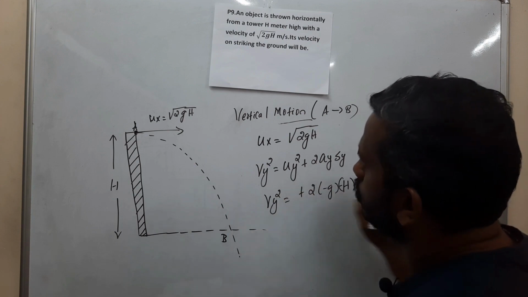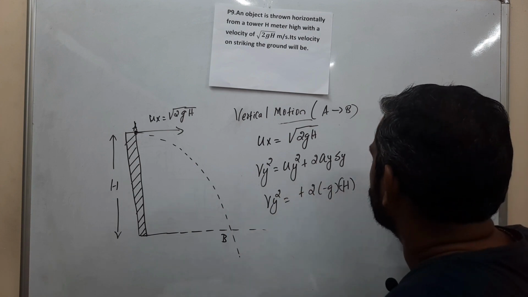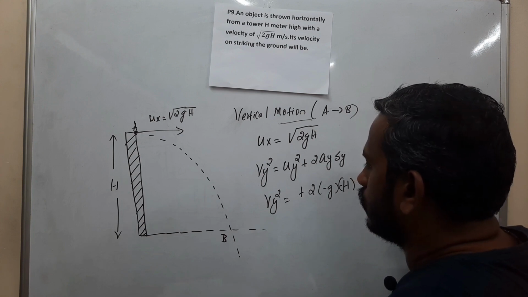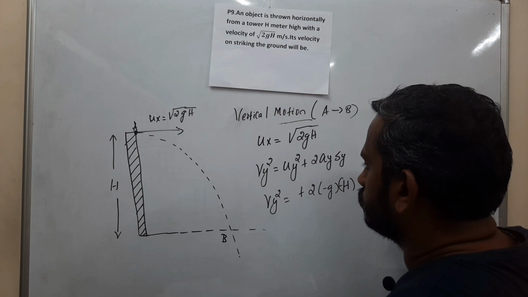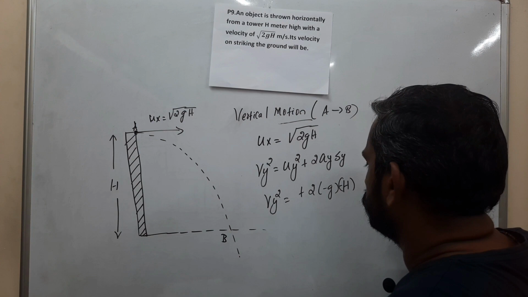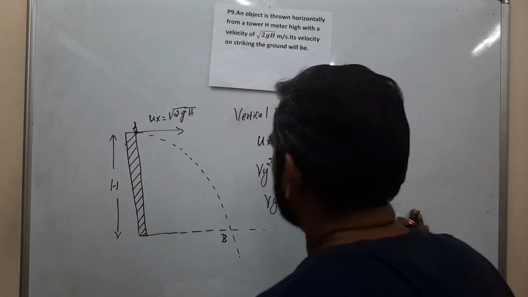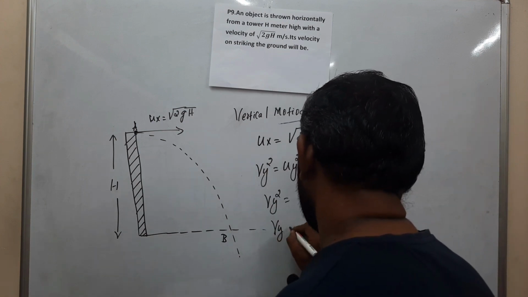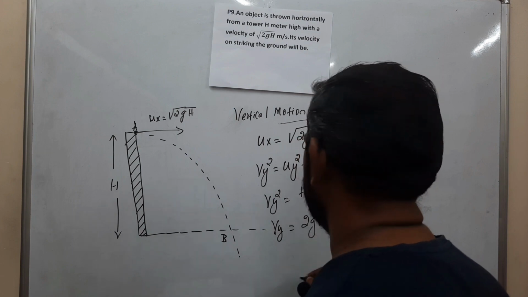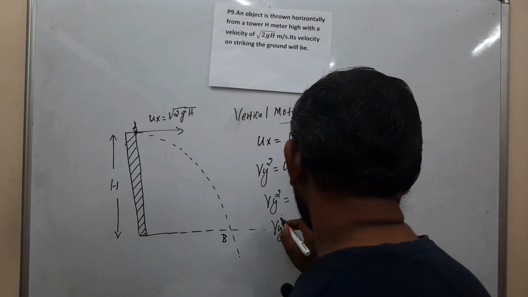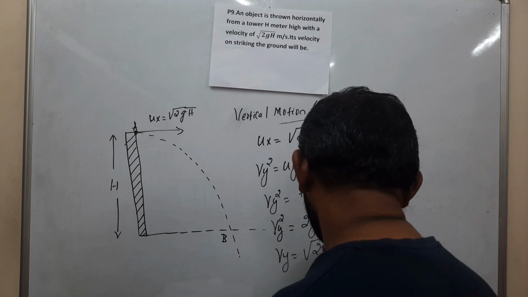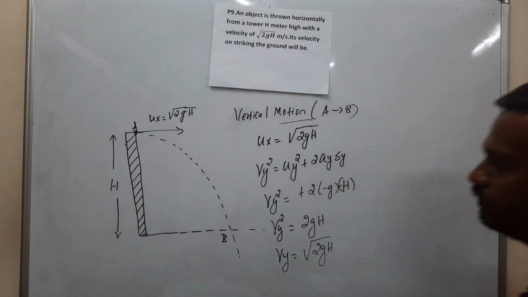V square is equal to u square plus 2as. So Vy square is 2gh. From this, Vy is equal to root of 2gh.